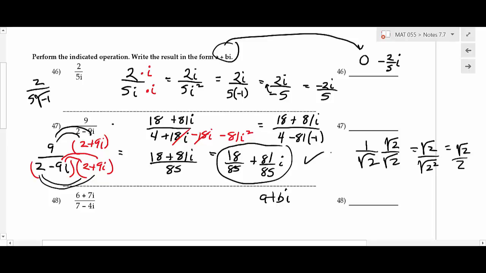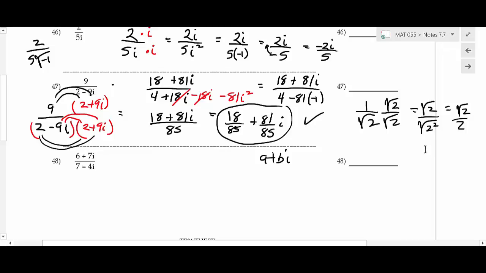That way the a part is 18 over 85 and the b part is 81 over 85. So when you get down to that step, just split it apart. It's 85. Yes, because when you multiply by the complex conjugate, the denominator will always just be a number. There will never be an i in the denominator.